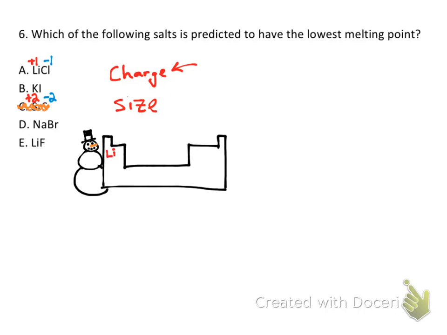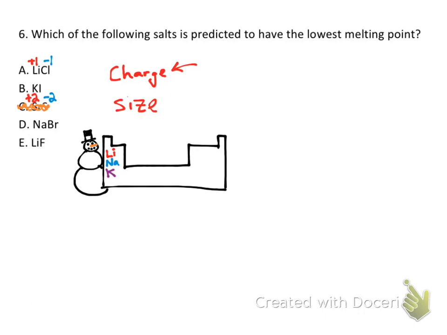So when comparing the group 1 elements in this particular problem, lithium is in the second period of the periodic table. Below it is sodium, and below sodium is potassium. So potassium is the largest of these elements, so it's going to be the largest cation here. We can do the same thing with the halogens, and it turns out that iodide is the largest of the halogens that are present here.